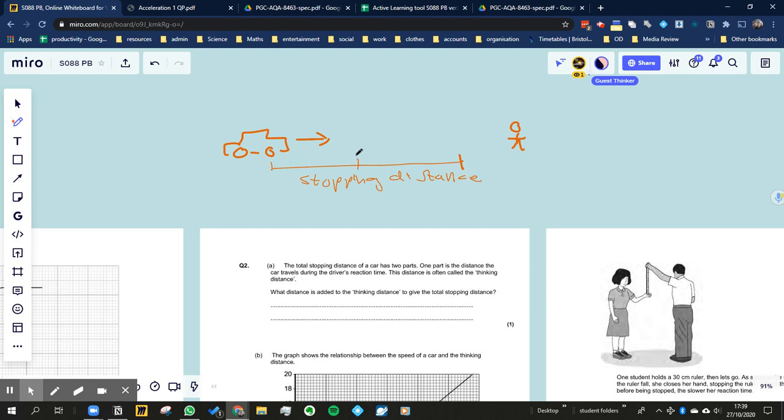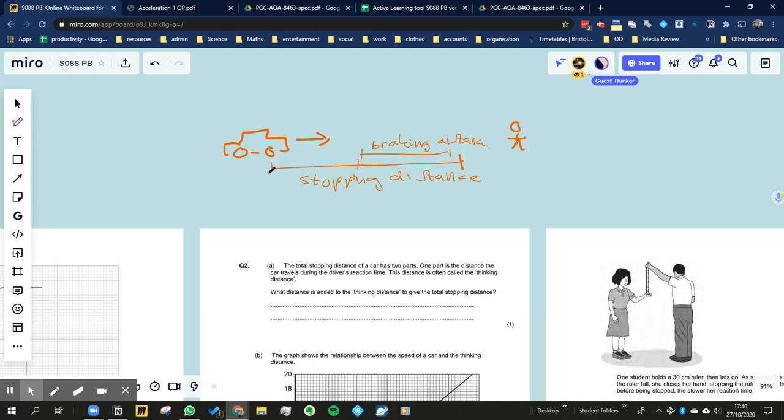This is where he puts his brakes on, and that distance is totally down to the road, the car, the tires, whatever else. This is called the braking distance. But before that, he had to react to it. At that point he wasn't slowing down at all.